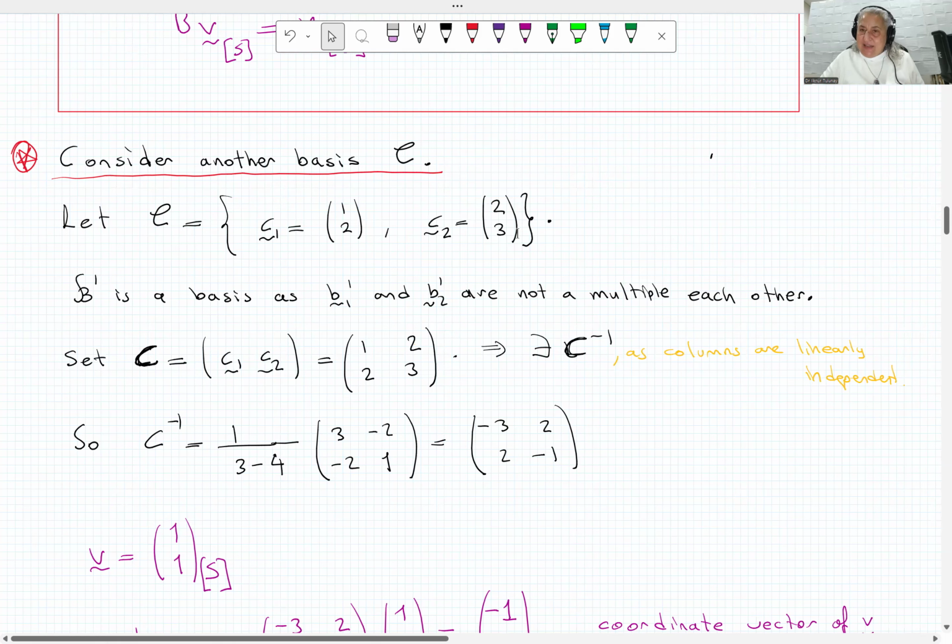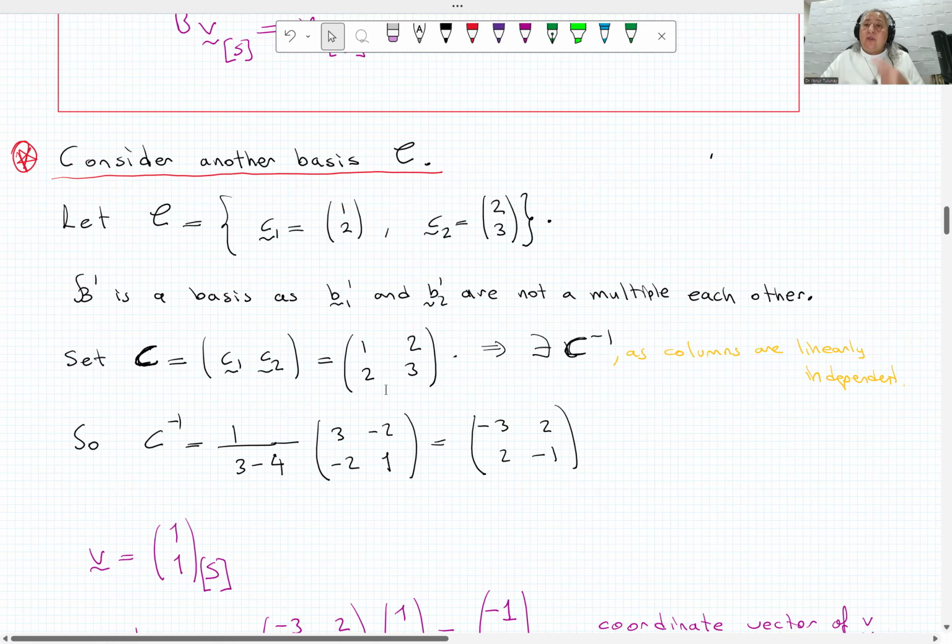It means they are linearly independent. Then definitely C is a basis. So set the matrix with the column vectors consisting of the vectors of the space. So I have C1, C2. So this is the matrix C for me. Since C is a basis, these columns C1 and C2 are linearly independent. I have C inverse. This is what I said here. There exists a C inverse because the columns are linearly independent.